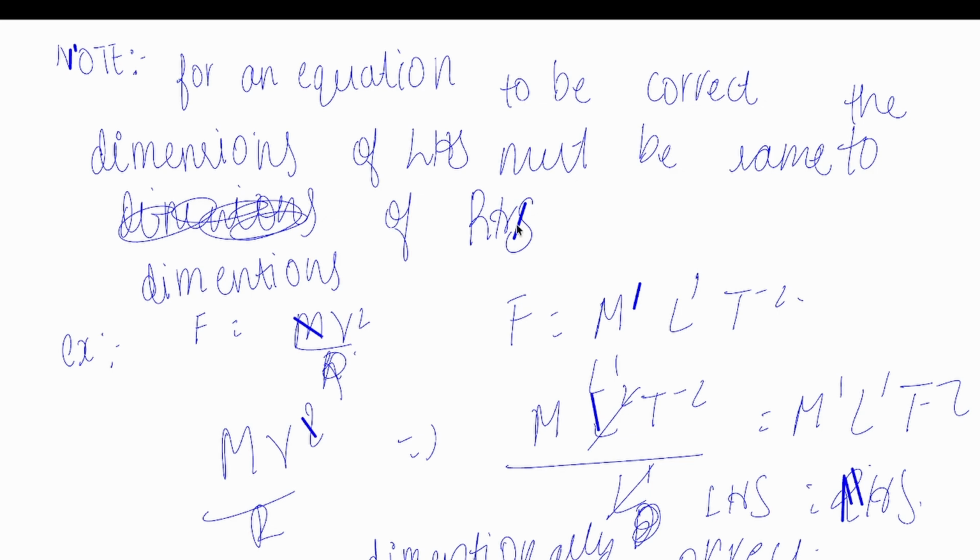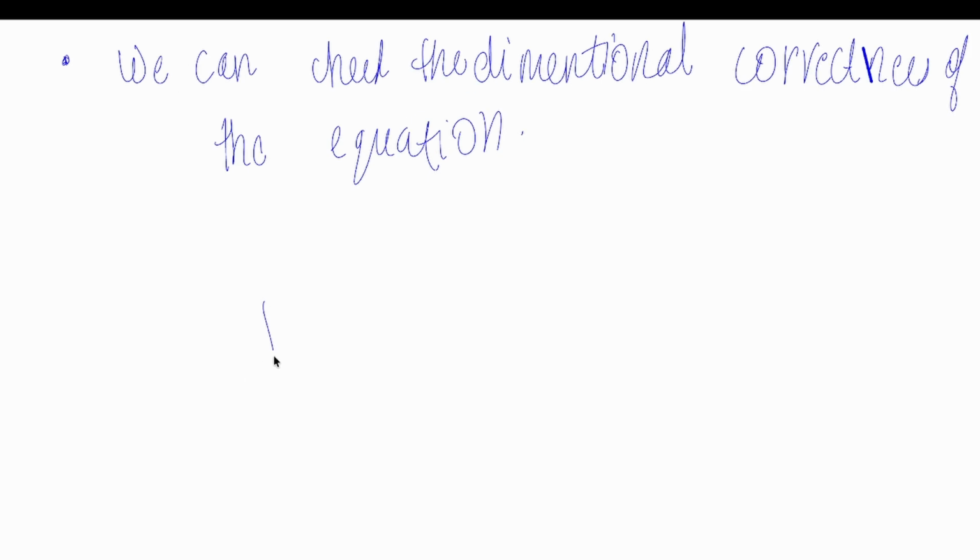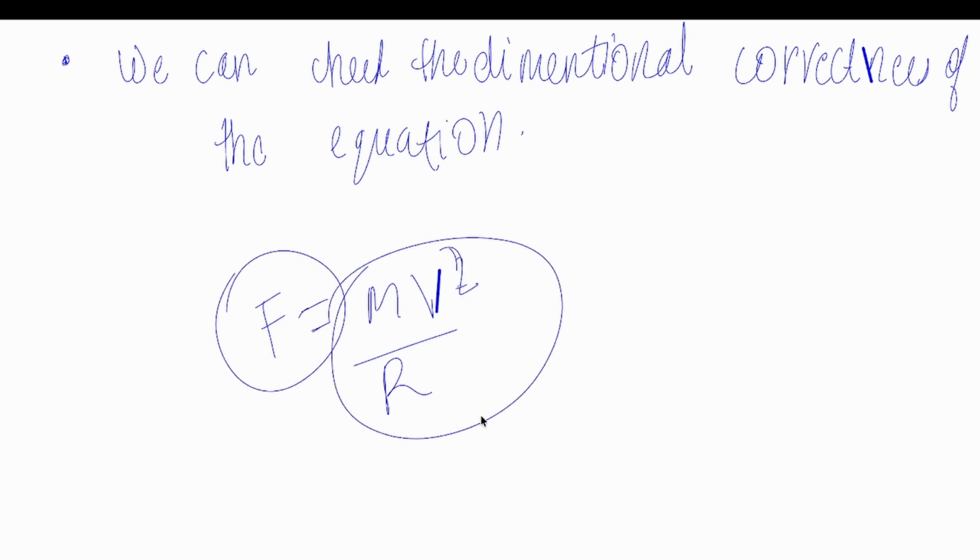We had F is equal to mv square by r. I did not know whether F is truly equal to mv square by r. As we solved that, we got to know that LHS is equal to RHS. So I can confidently say that force is also equal to mv square by r.